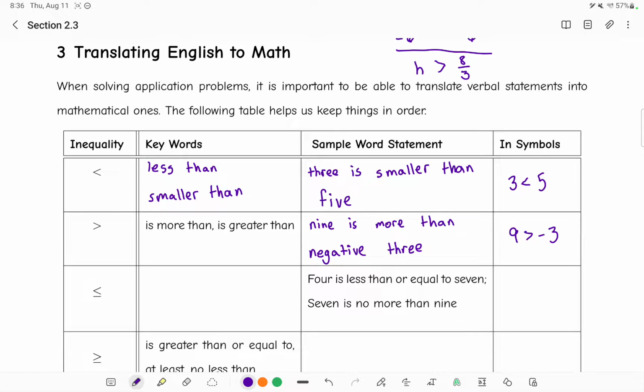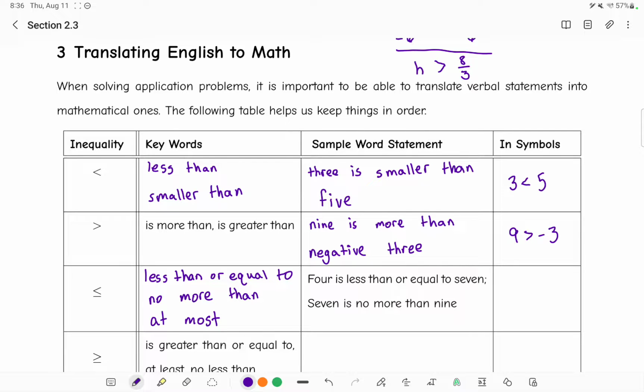Now it's the less than or equal to or greater than or equal to that have some phrases and keywords that trip some people up. There are the straightforward ones like less than or equal to. But you can also say no more than or at most.